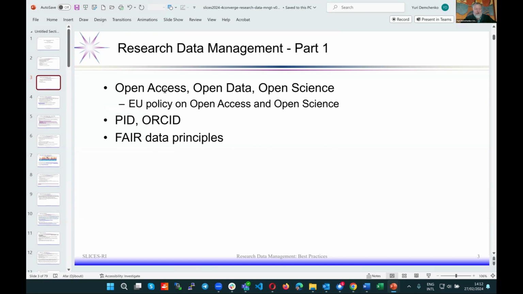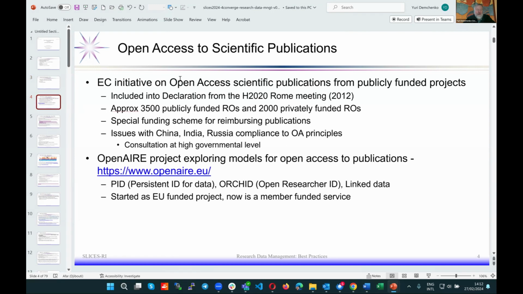understand the benefits, because really everything is not simply a demand by funding organizations, but a demand to improve efficiency. So the European movement to open access to research data started approximately in 2011, 2012.